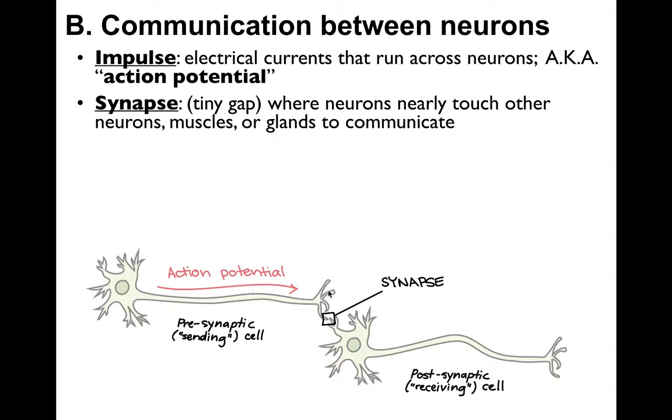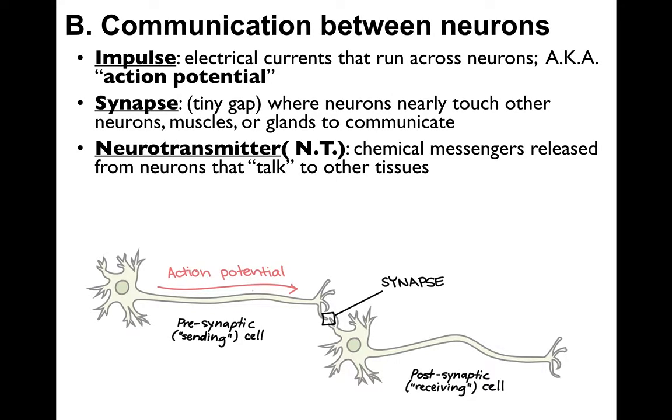The information is passed between two neurons across the synapse through chemicals called neurotransmitters, which are special chemical messengers. There are different kinds of neurotransmitters that allow the neurons to talk to other tissues or other neurons.